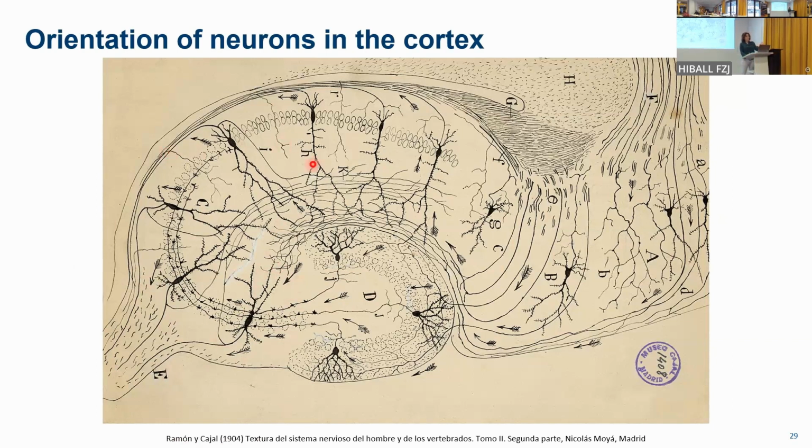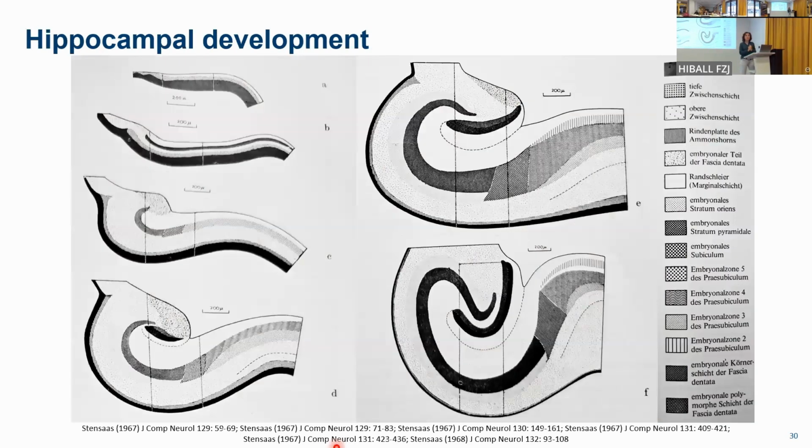So, he could draw these things here because he had the Golgi stain. But how do we know that this is the brain surface? Why don't we just say that this is the brain surface? This is because I told you earlier on that the hippocampus doesn't start life as this convoluted structure, these two interleaving C's, okay? Actually, the hippocampus starts life as a straight piece of cortex.